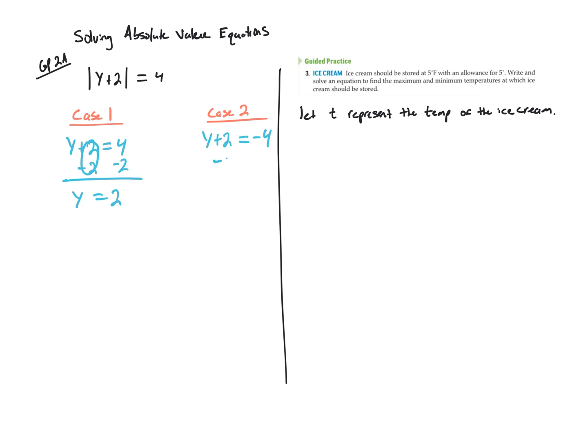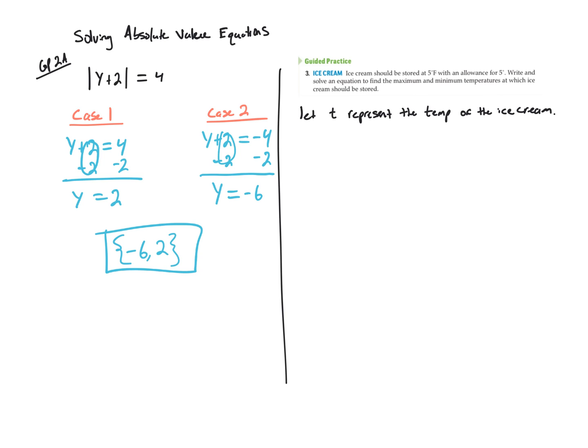If we subtract 2 over here, this is going to be y plus 0, or just y, is equal to, well, -4 minus 2 is going to be a -6. Those are the same sign. So notice now I have two answers that could make that true. I have both the -6 and the 2. So we'll put those in those fancy brackets, so that's my solution set.